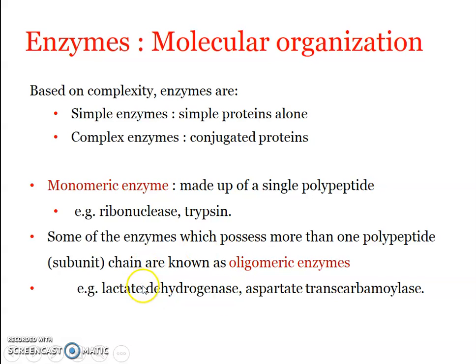Lactate dehydrogenase is a trivial name; the systematic name is lactate NAD oxidoreductase. Lactate dehydrogenase is an enzyme which catalyzes a redox reaction wherein the substrates are lactate, or lactic acid, and the NAD molecule. NAD accepts a hydrogen from the lactic acid and gets converted into NADH. It is reduced to NADH.